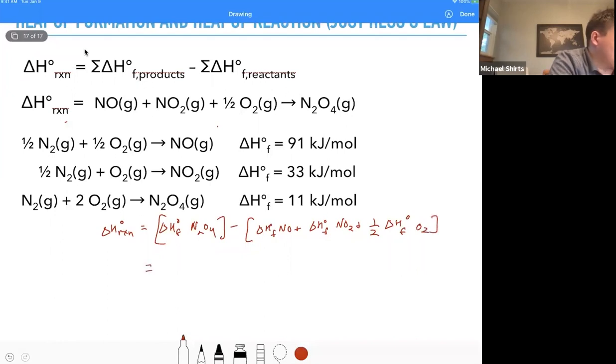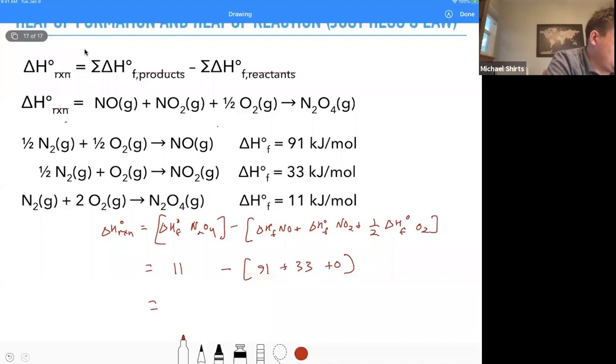All right, and so this we can just look up. This is 11 kilojoules per mole minus 91 plus 33. Oh, oxygen. I don't have the heat of formation of oxygen. What do I do? Well, the heat of formation of any element in its stable state is just going to be 0. So that'll be 0. And so this all adds together.